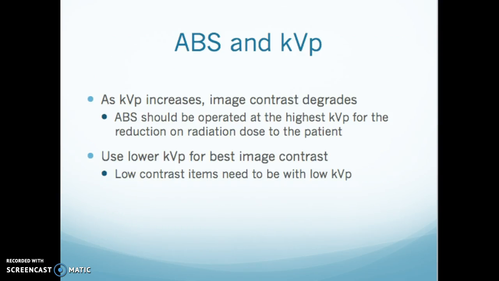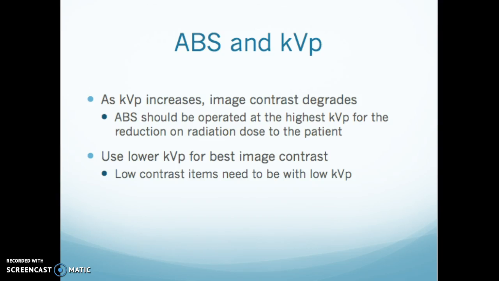So with your automatic brightness stabilization and your kVp, as kVp increases, image contrast degrades. So ABS should be operated at the highest kVp for the reduction of radiation dose to the patient. So using a lower kVp is best for image contrast. So as you go up in your kVp, your contrast degrades.